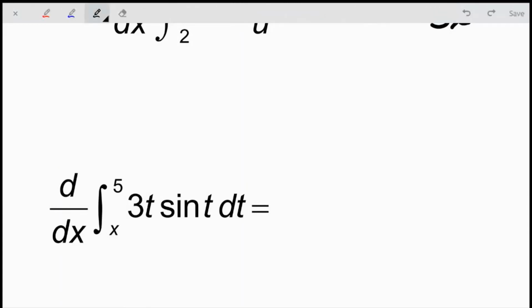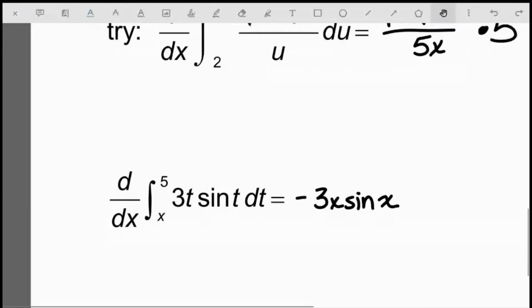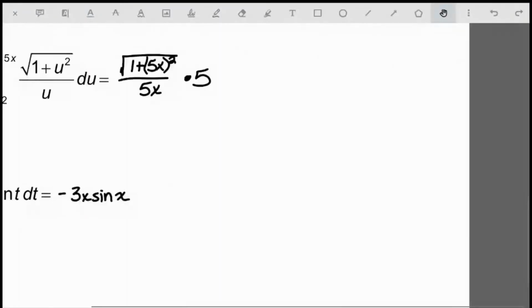What that tells me is that my result is going to be negative, and I would just have negative 3x sine x, because this time it would have been the second term in the fundamental theorem of calculus process for solving a definite integral. It would have been that second term that I would have been taking the derivative of, and that's why it's negative. Okay, so again, fairly simple once you understand how these work.